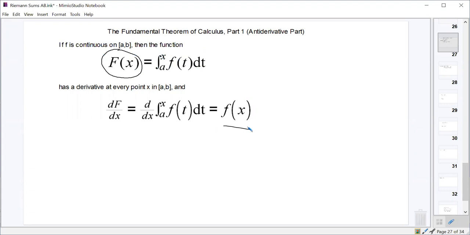It basically says the derivative of the integral of a function is that function. That's the fundamental theorem of calculus. So if I take the integral of a function and then take the derivative of that, I should come right back to where I originally started. Does that make sense?